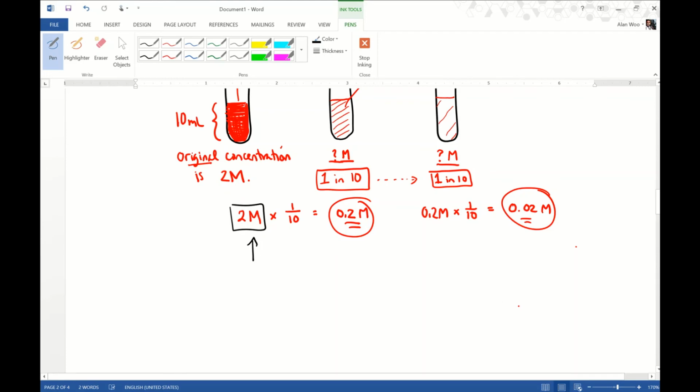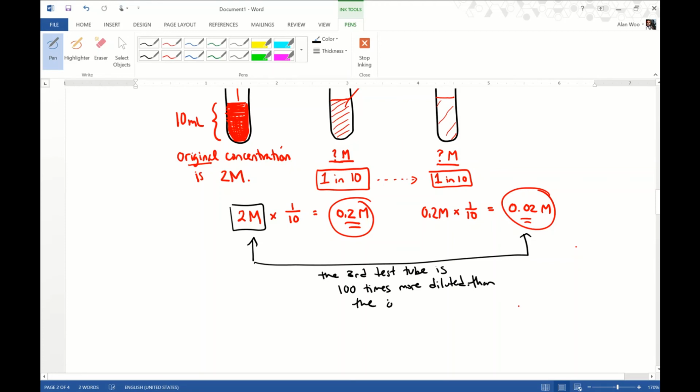Between these two numbers, the third test tube is 100 times more diluted than the original.